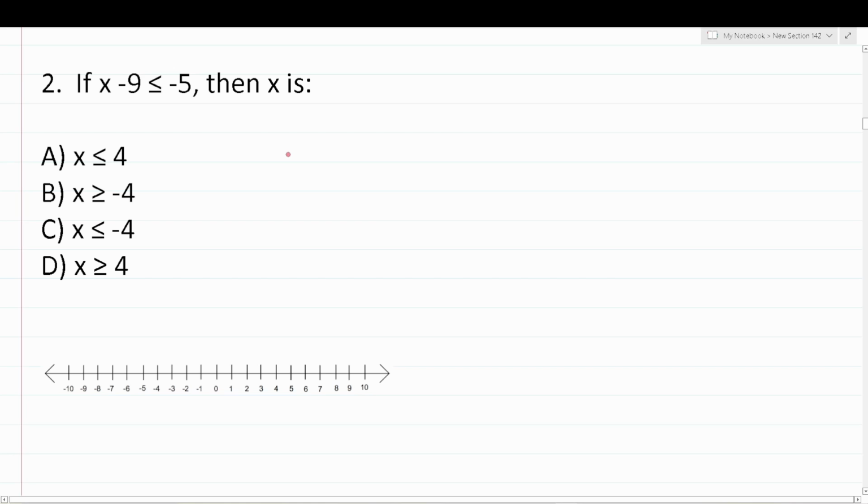All right, so number 2 says if x minus 9 is less than or equal to -5, then x is. So we're trying to solve the inequality x minus 9 being less than or equal to -5. As we would when we solve equations, we're trying to get our letter variable by itself. So in this case, we're trying to get x by itself. To do that, we're simply going to add 9 to both sides of the inequality.